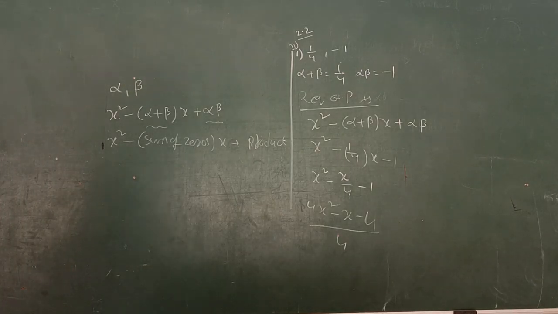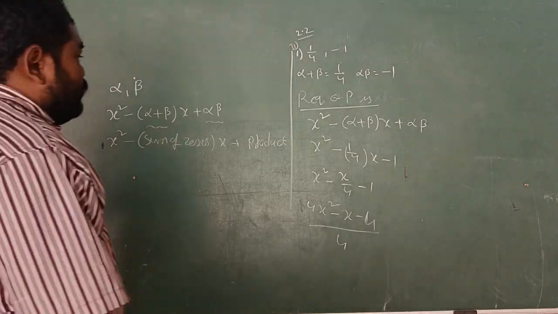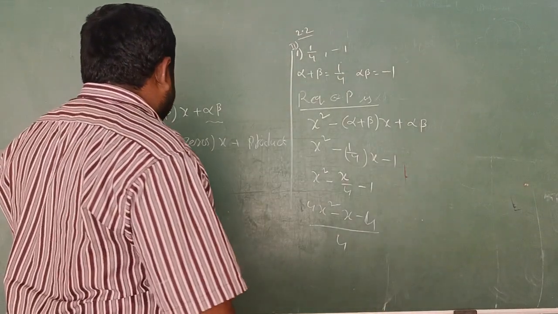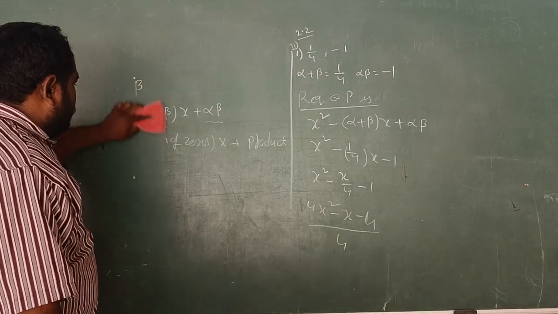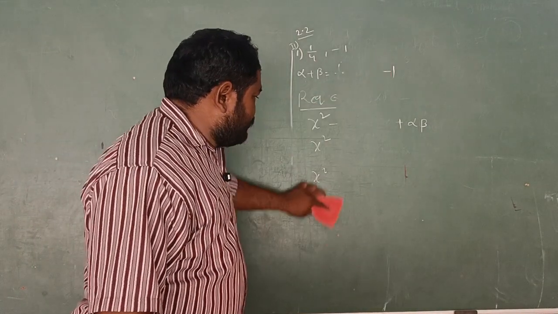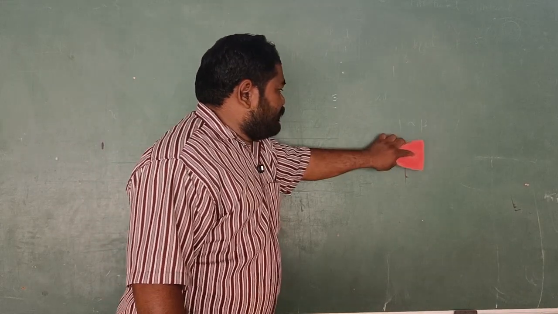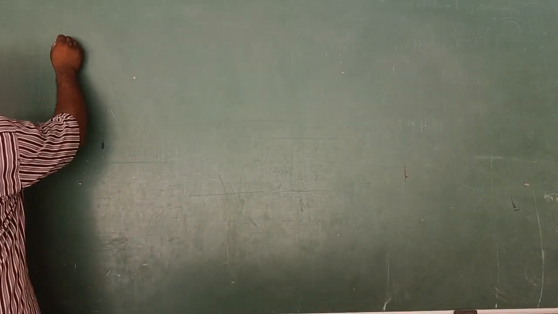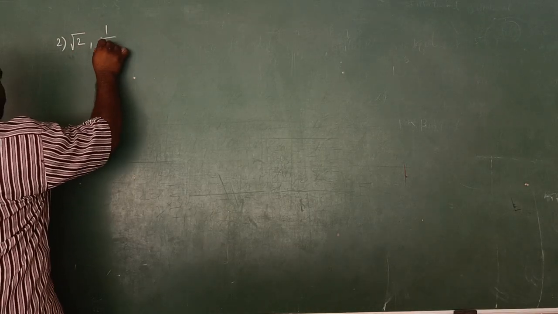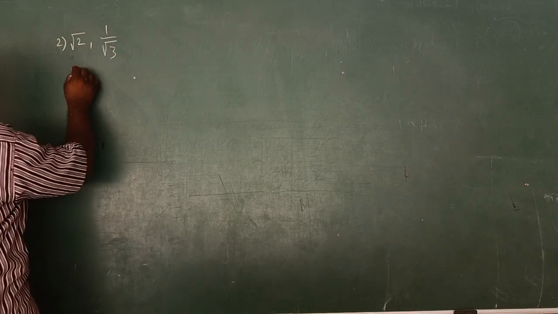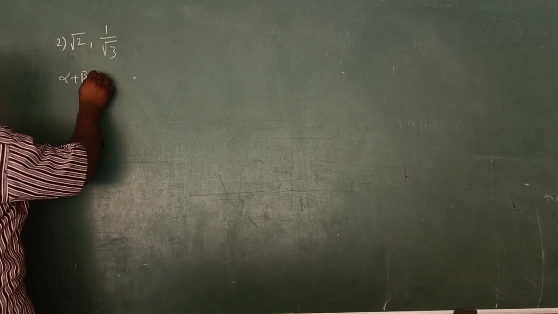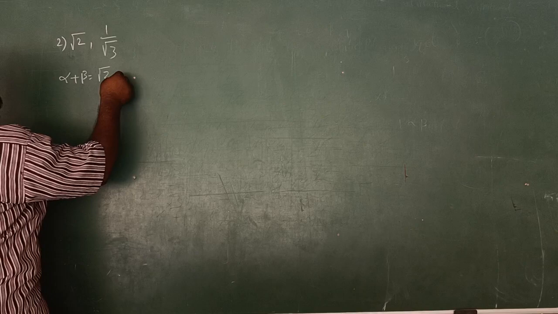The second problem is root 2 and 1 by root 3. The first one is the sum of the roots and the second one is the product of the roots. The sum of the roots, alpha plus beta, equals root 2.